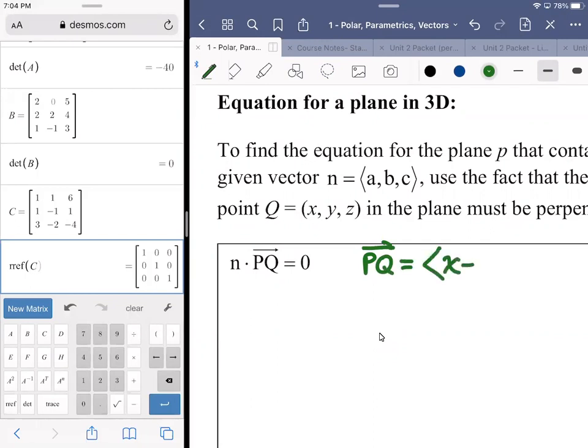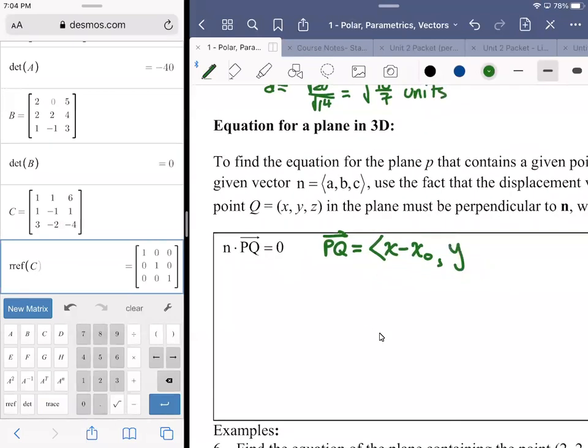So x minus x sub o, y minus y sub o, z minus z sub o. N is just A, B, C, the normal vector.